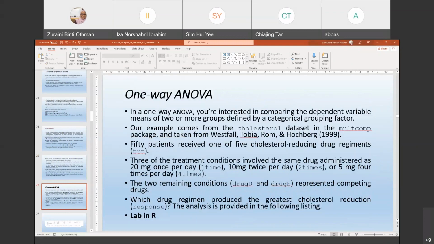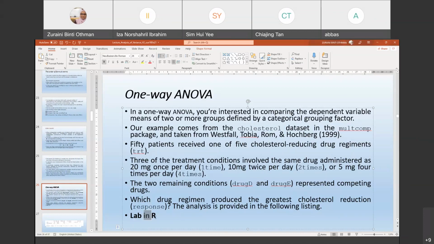In one-way ANOVA, you are interested in comparing the dependent variable means of two or more groups defined by a categorical group factor. Here in R, we want to look at our example from the cholesterol dataset.